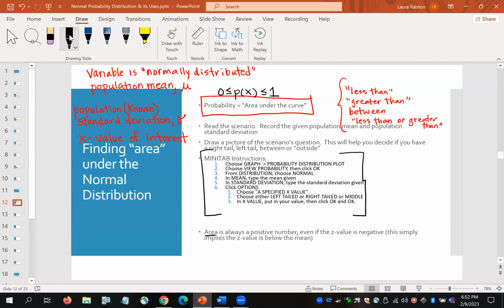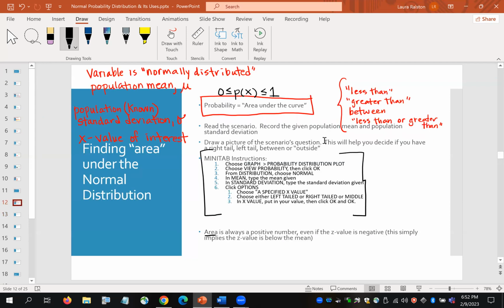Guys, your answer should never, ever be negative, and it should never, ever be greater than 1, because you're finding a probability or a percentage. Okay, so we're going to dive in.